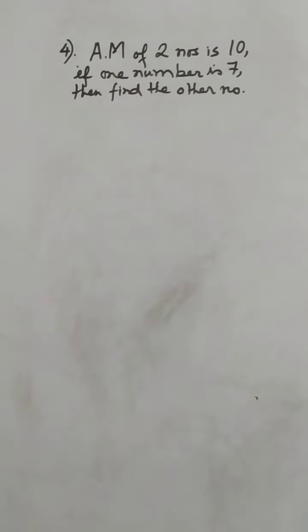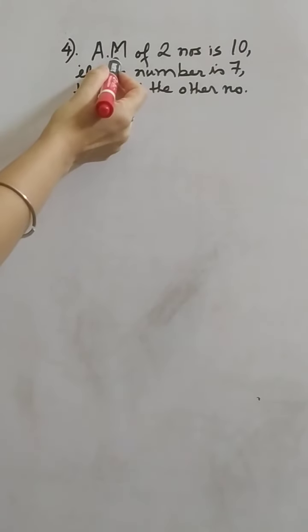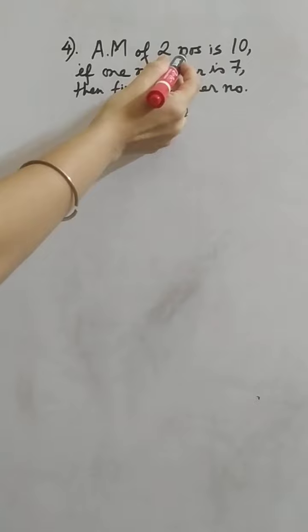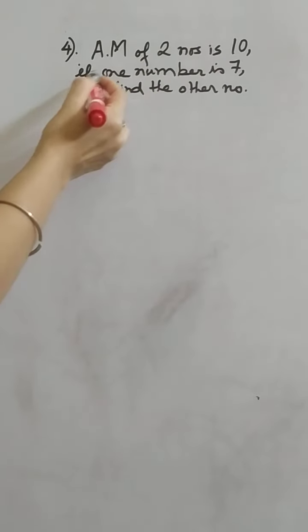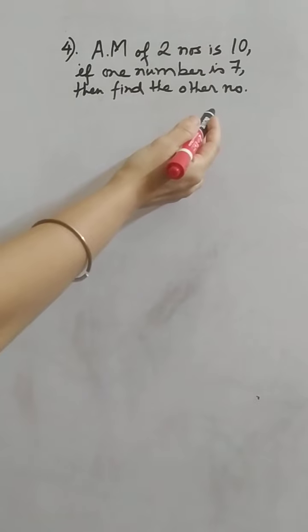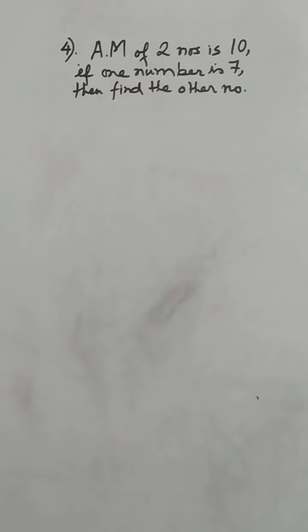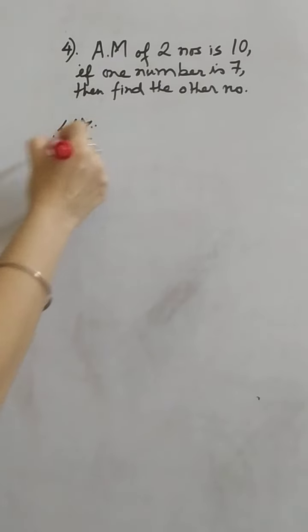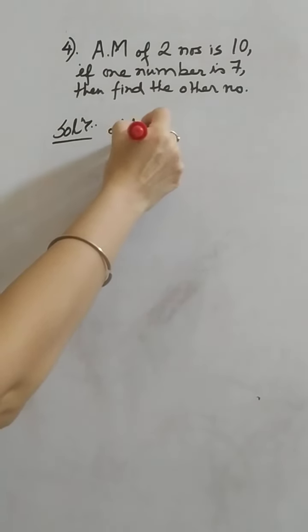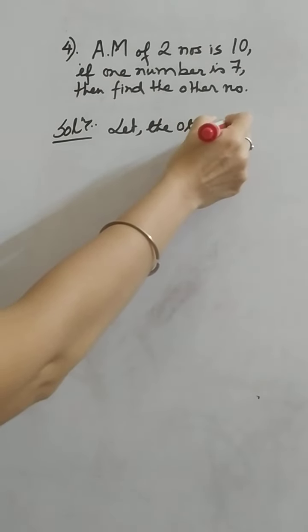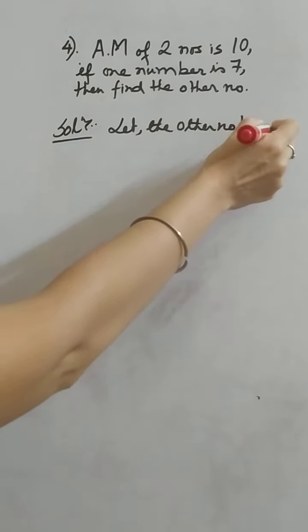The fourth question is, the AM, that is arithmetic mean, of two numbers is 10. If one number is 7, then find the other number. Okay? Arithmetic mean. So let's solve this. Solution, let the other number be x.